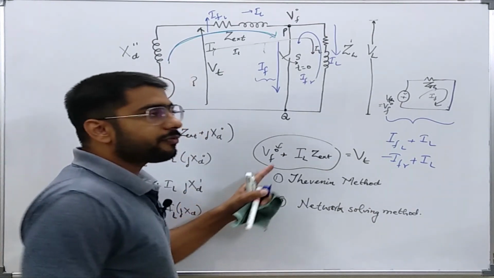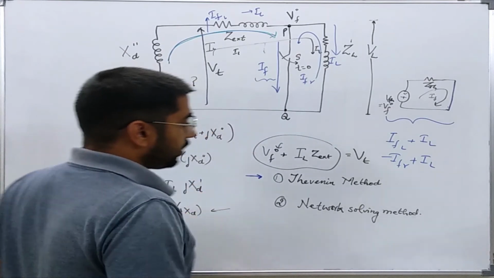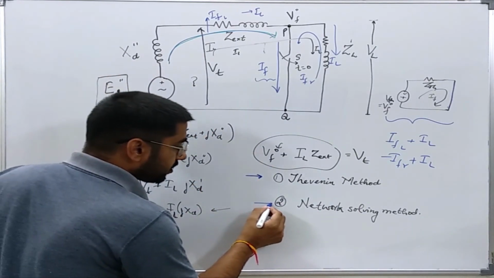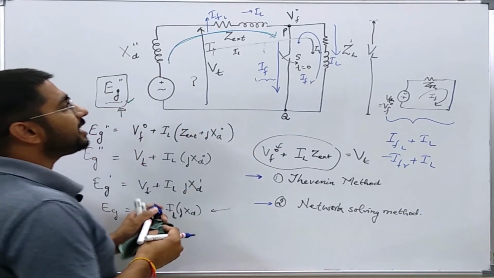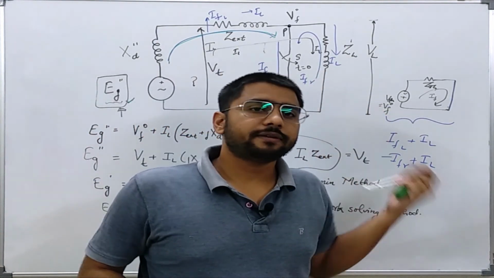Okay. However, if you want to find the right values in other branches, I suggest you should use this method. This method is nothing but the method which you utilize in solving any network.